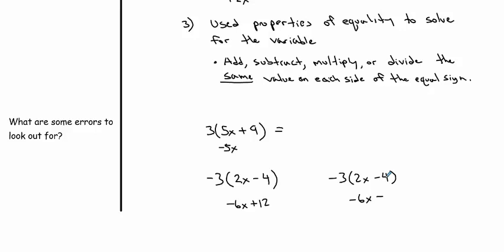Minus, this is positive 4 now, right? Negative 3 times positive 4 is negative 12. So we're still ending up in this situation where we're subtracting a negative, so we're actually adding, right? We still end up with negative 6x plus 12.